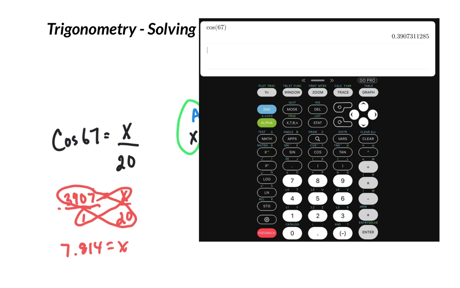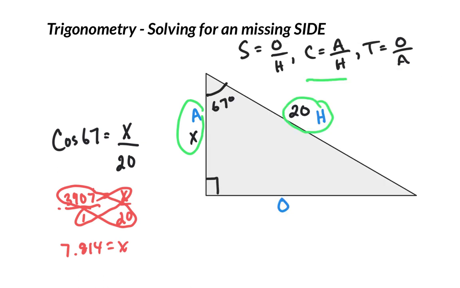So in this case, that's actually it. We're done. That's what that side is. So label the sides, decide which trig function you're going to use, set up the ratio, and then replace that value using your calculator.